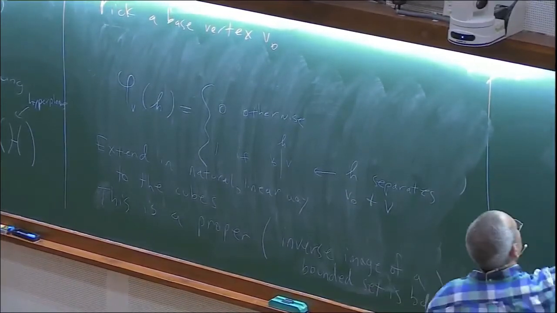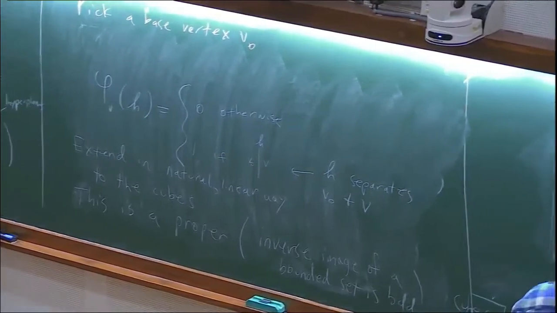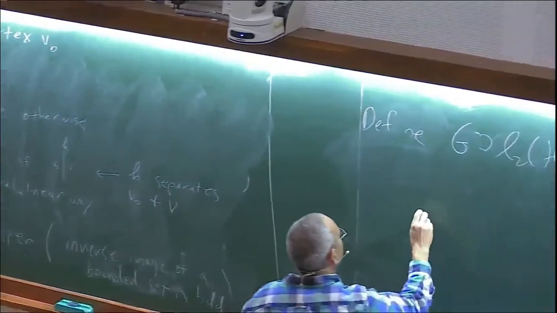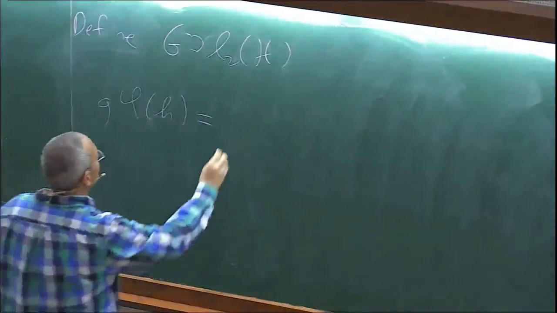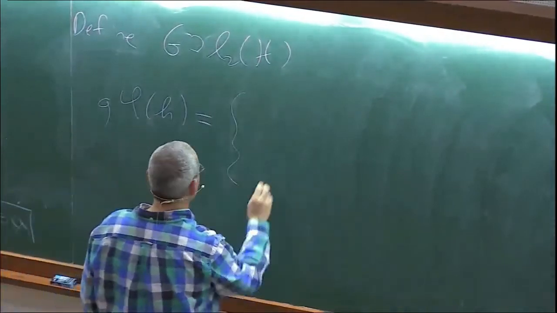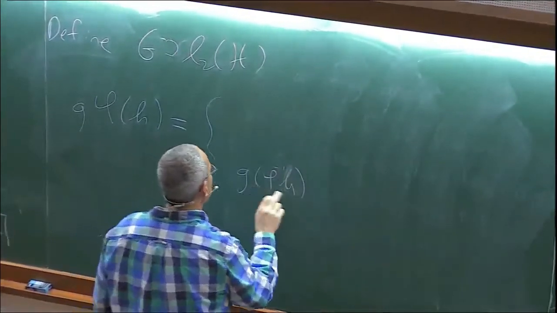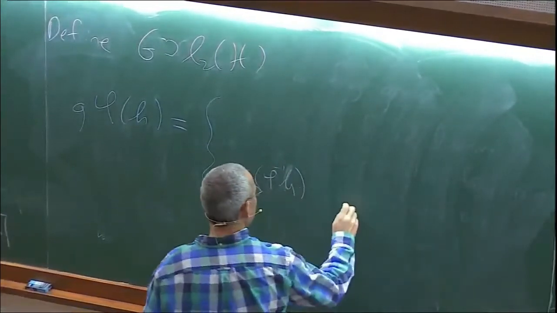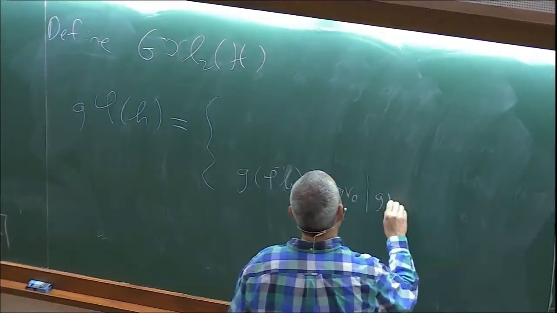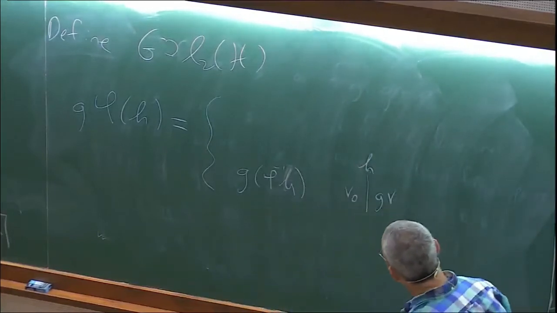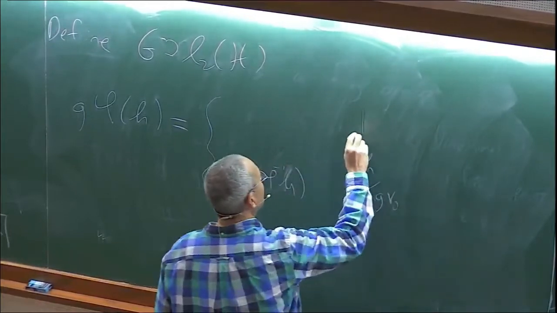So define G acting on L2 of H. Well, the usual thing you do is G phi of H equals phi of G inverse of H, but you do that only for the case where the hyperplane doesn't separate V0 and GV0.